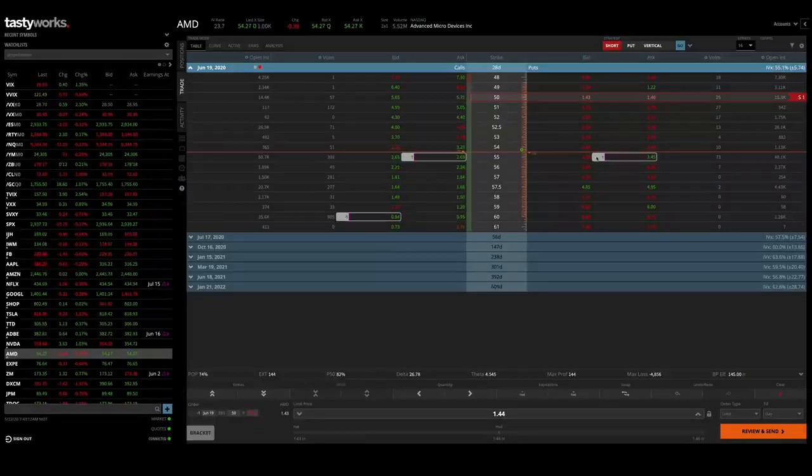So this 55 put would always be worth $5 more than this 50 put if the stock price went to 0. So there's no risk in shorting this option.